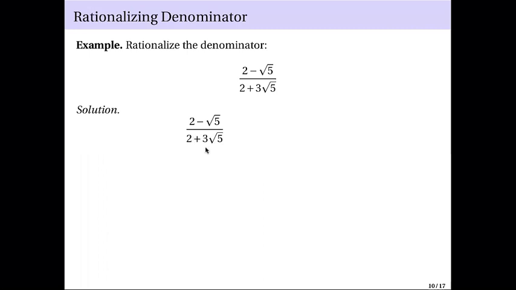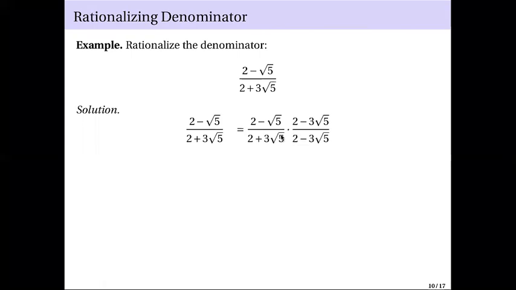When you have a sum in the denominator that involves radicals, you multiply and divide the expression by the conjugate of the denominator.